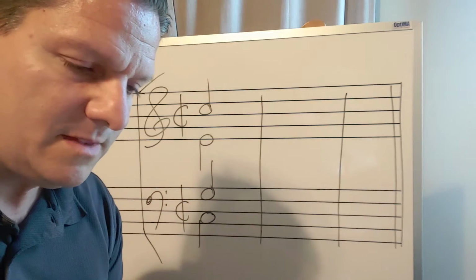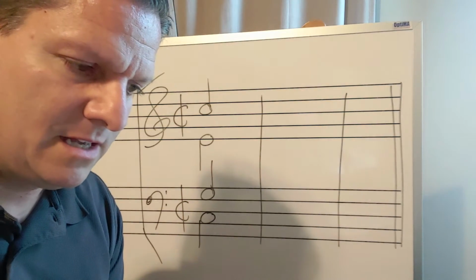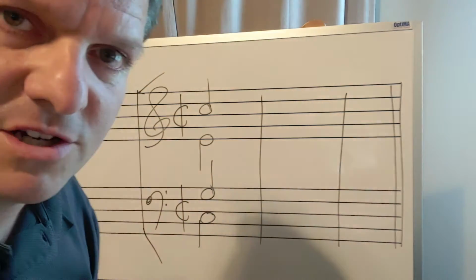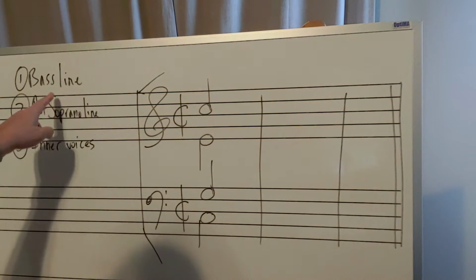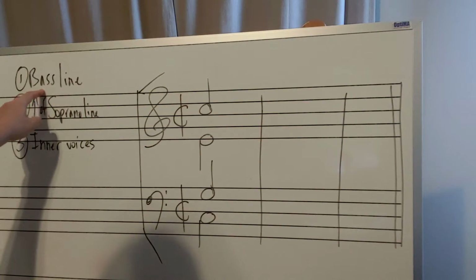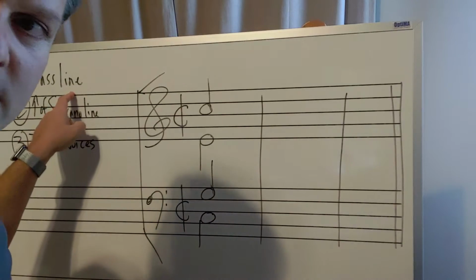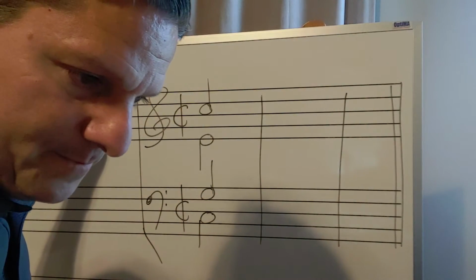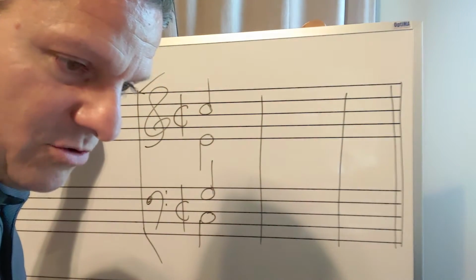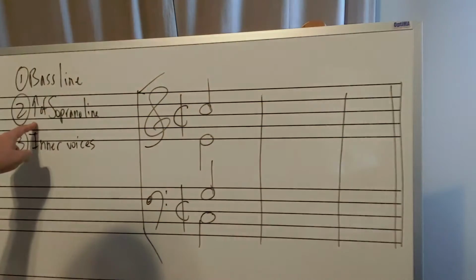So let's go over that one more time. Since all the chords are in root position, you can easily fill in the bass line. So that's what we're going to listen to first, is the bass line. Then listen for the direction of the soprano line, right? Does it go up? Does it go down? And does it go by step or by skip?